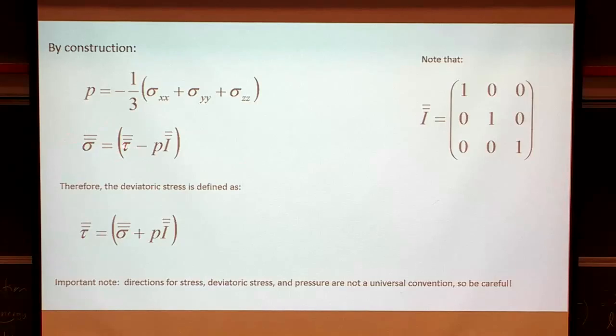And we can define a deviatoric stress. We make up this condition that the real stress equals the deviatoric stress minus this pressure that we defined ourselves. Therefore, the deviatoric stress, by definition, is just the stress plus, and that plus comes because of the different directions, pressure times the identity matrix.